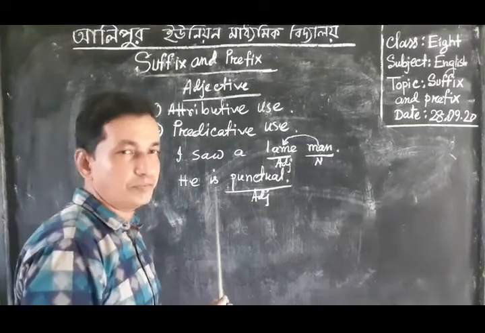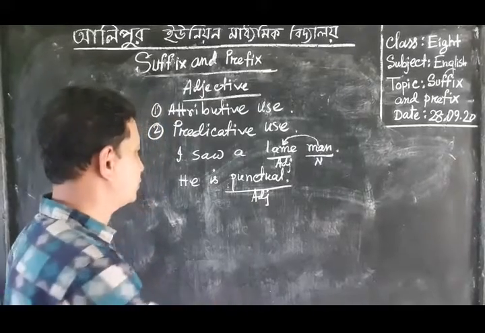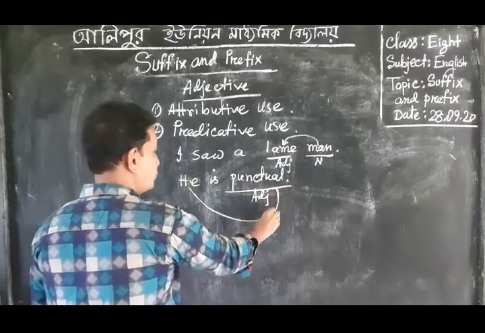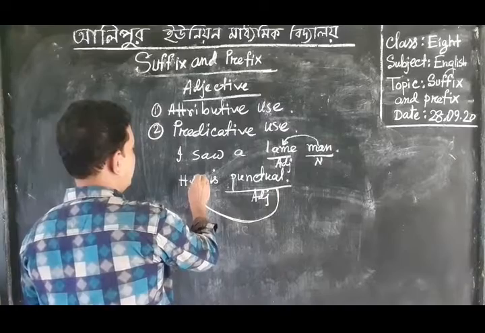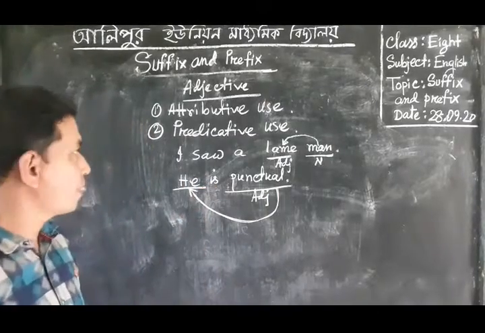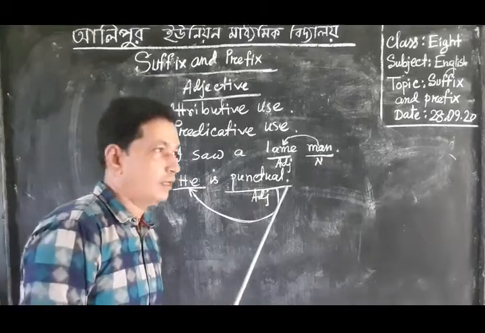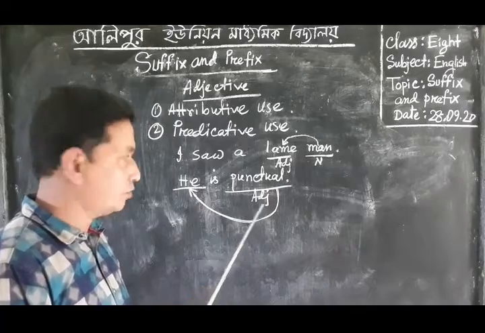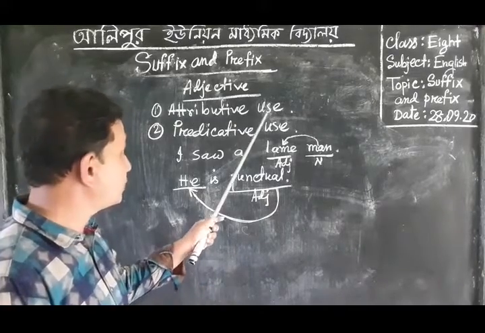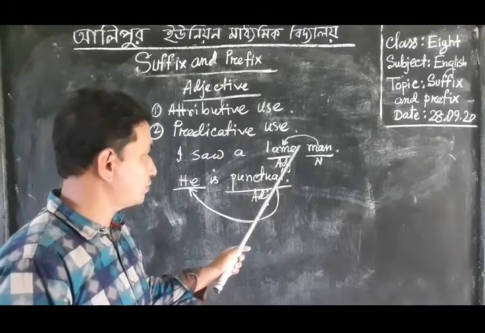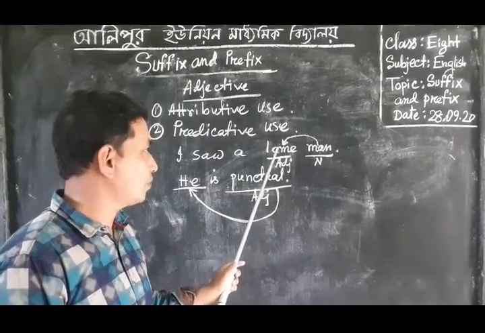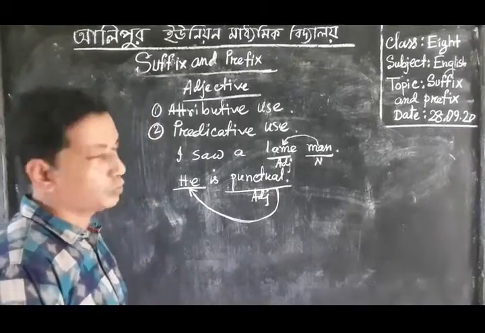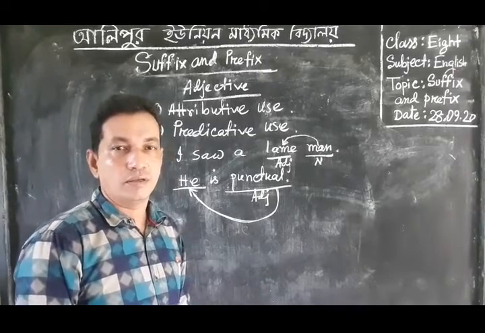When an adjective sits after the verb and qualifies a noun or pronoun from the right to the left, then it is called predicative use, because this adjective indicates the subject from the right side to the left side. But attributive use of adjective modifies a noun or pronoun from the left side to the right side. Okay, dear learners, these are the two kinds of use of adjective.